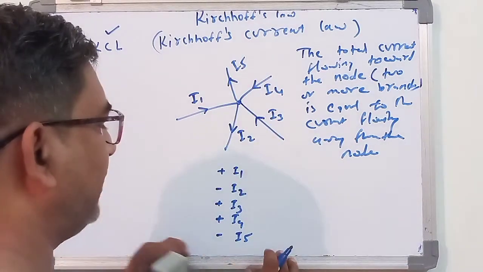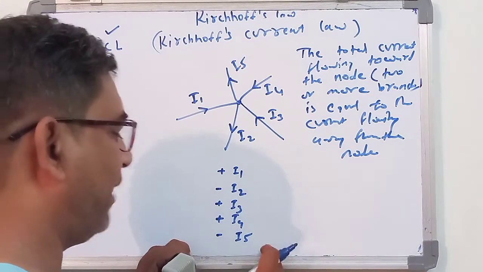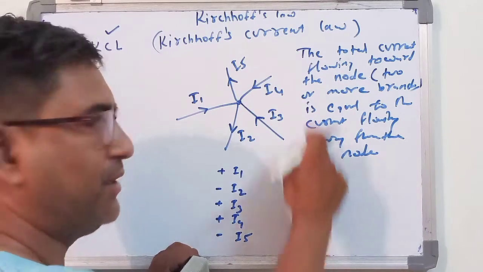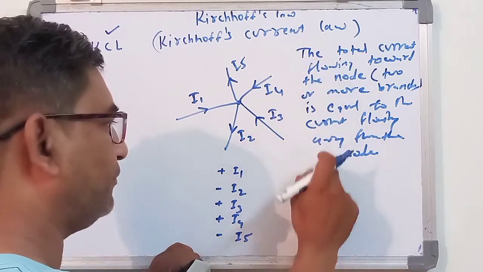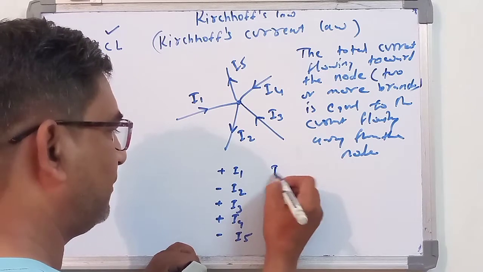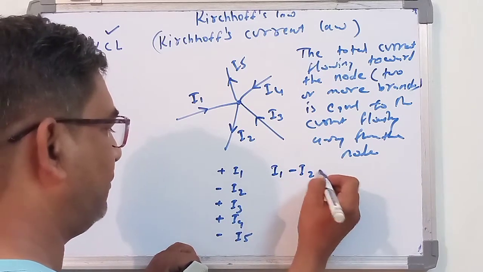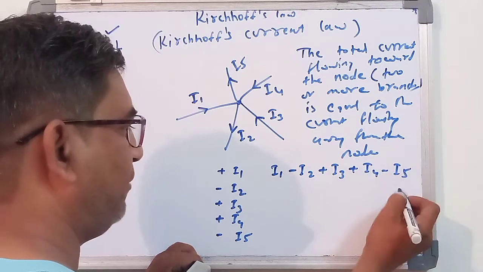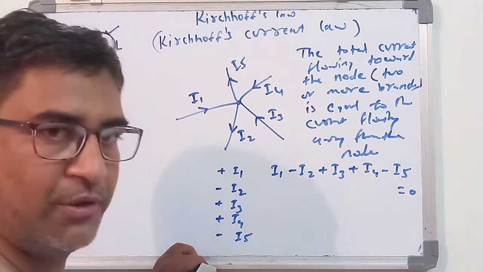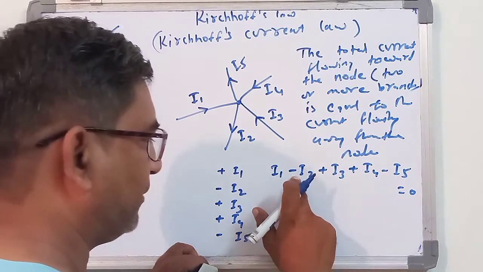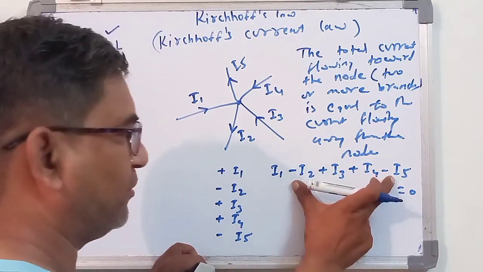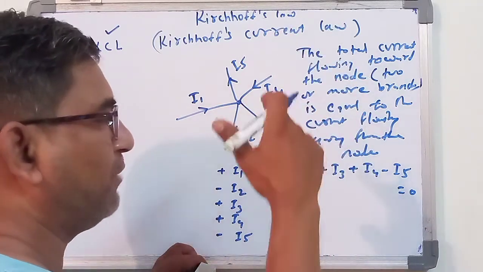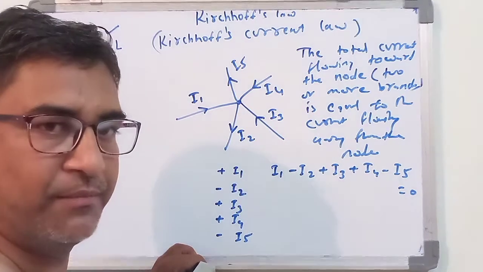Now you have to arrange I1, I2, I3, I4 and I5 in such a way that it satisfies this definition. So I1 minus I2 plus I3 plus I4 minus I5 is equal to 0. We take these values to the other side so that the incoming current is equal to the outgoing current.